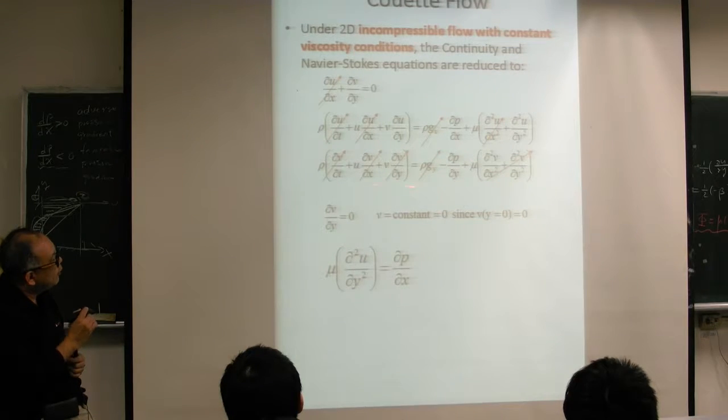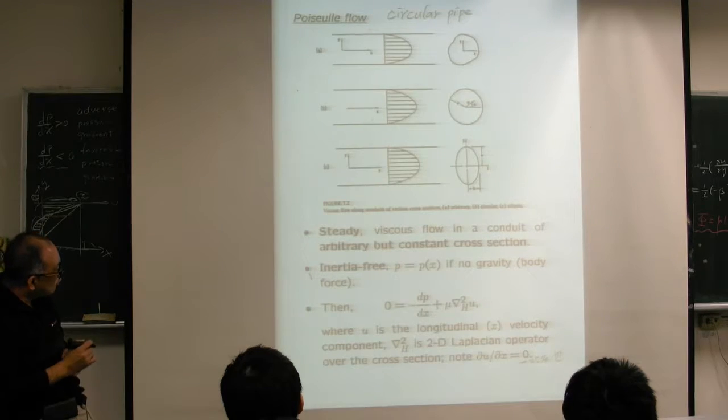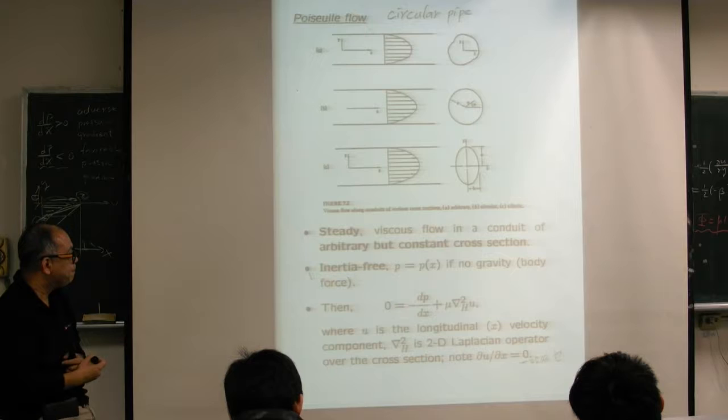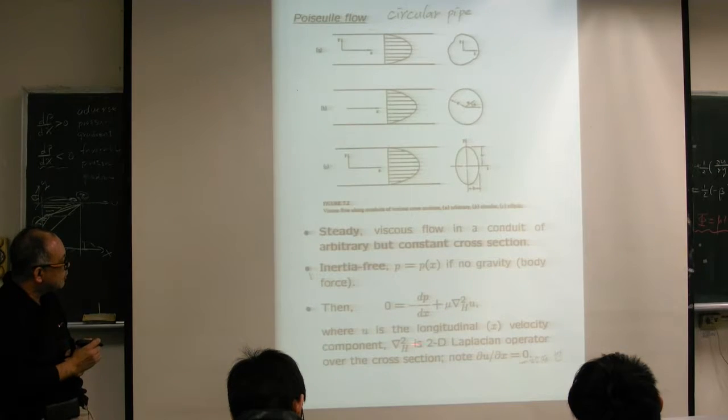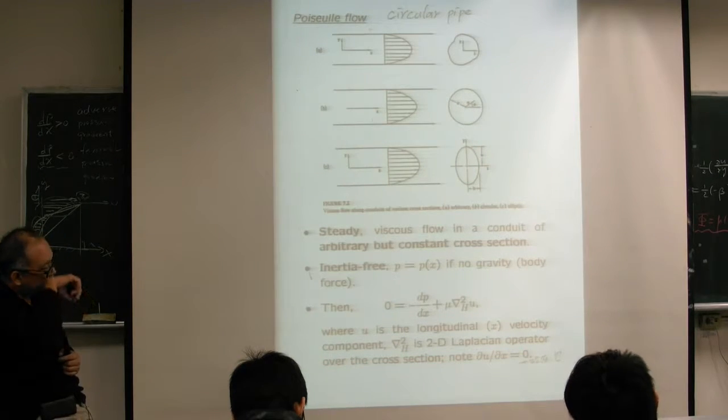And we don't have any v velocity, so partial p partial y is again equal to 0. So our equation is reduced to this. The Laplacian of u is equal to partial p partial x, where the Laplacian operator is over the cross section.